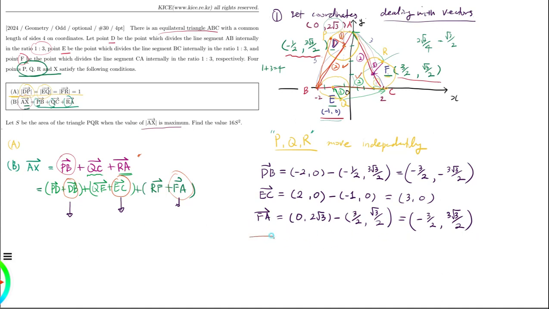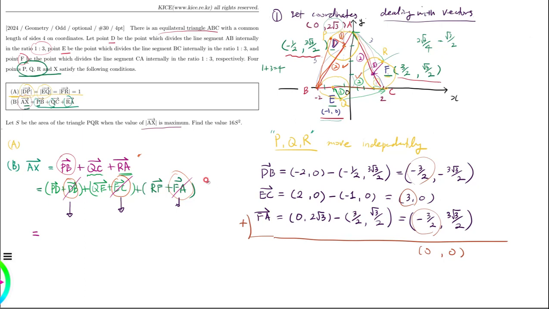And after you add up those three vectors, you will notice that their vector coordinate is (0, 0), so they do not contribute. So let's rewrite it. They all disappear.